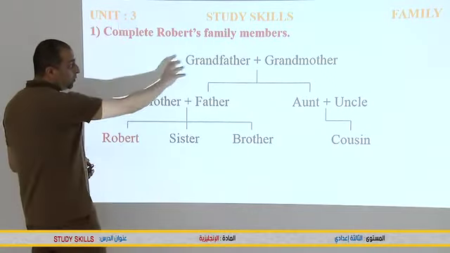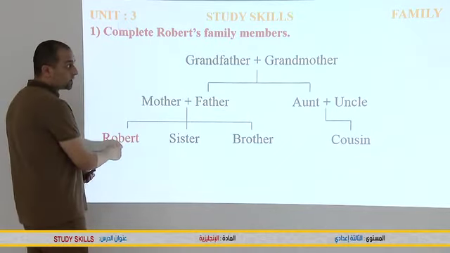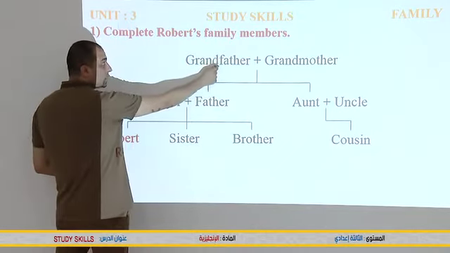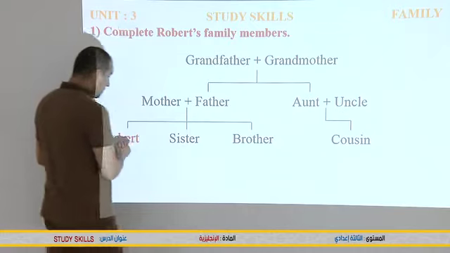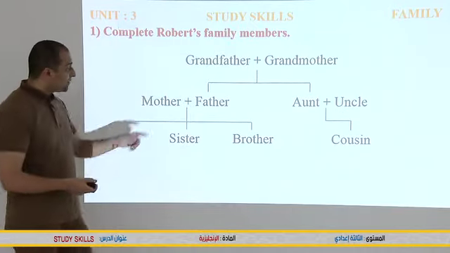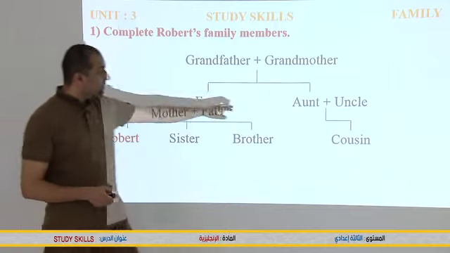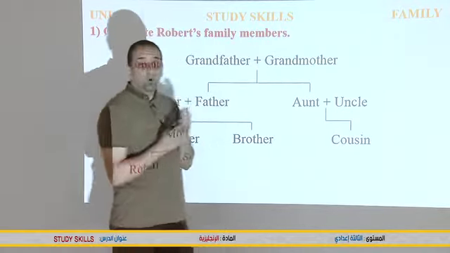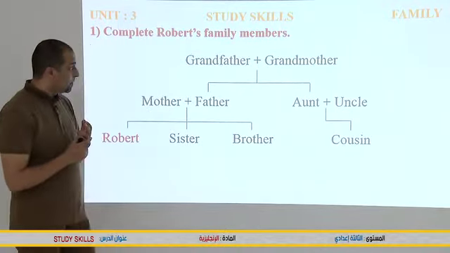So all these family members are related to Robert. For example, this is the grandfather of Robert, and also this is the aunt of Robert. Another thing, this plus sign between these two persons means that the two are married. So this is the correction.